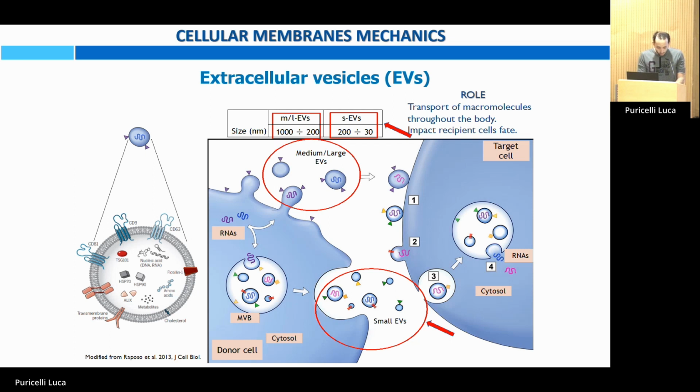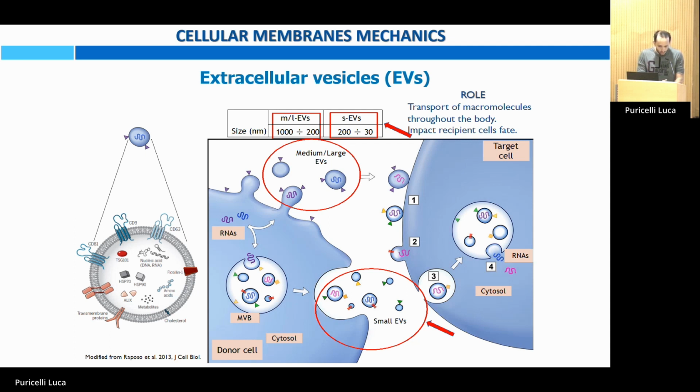They have different dimensions, but of particular interest are the so-called small extracellular vesicles with a diameter from several tens to a couple of hundred nanometers. How are they made?